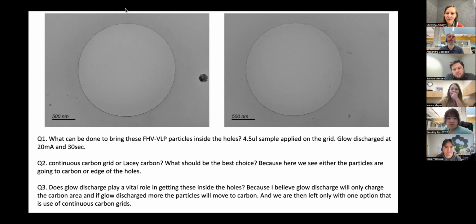So sometimes people do the screening in negative stain, use the same concentration for cryo-EM, and then it's very low. Yeah.